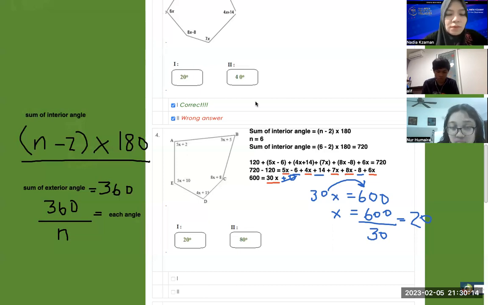We start with A, 5x plus 2. Then we plus 3x plus 5. Then we plus C, which is 8x plus 8. And then plus 4x plus 15. And then plus 5x plus 10.